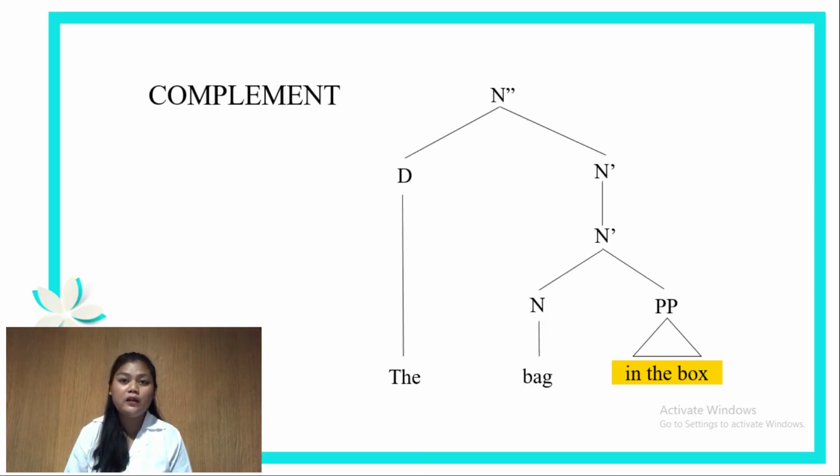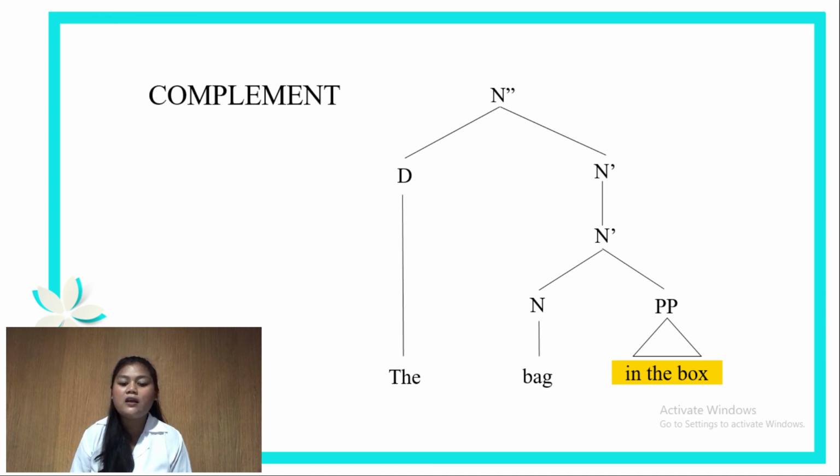And the last example is complement. The example of complement is the bag in the box. You can see, guys, the tree diagram on the slide shows that N double bar branches into determiner and N bar.